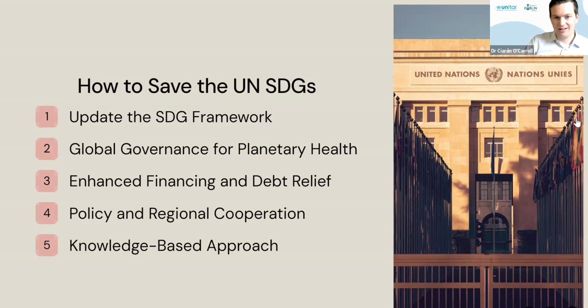One is that we need an updated SDG framework, a new SDG framework to guide efforts, not to 2030, but all the way to 2050. Every nation needs to develop and submit revised, comprehensive reviews of their SDG strategies, setting clear targets for 2030, 2040, and 2050, okay? It's clear we're not going to achieve the UN SDGs by 2030.